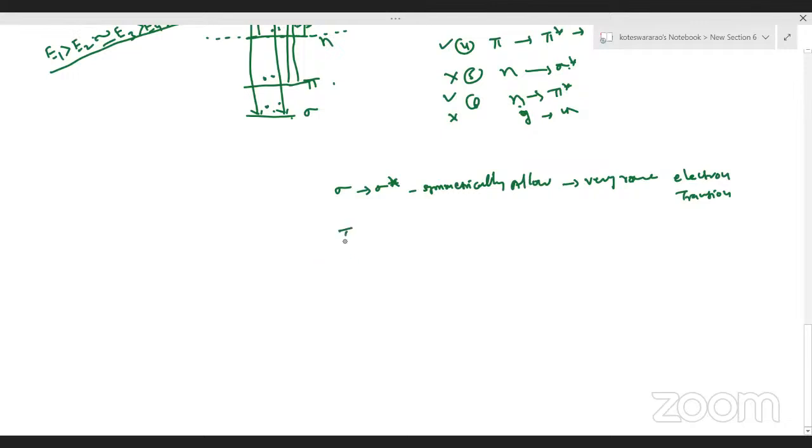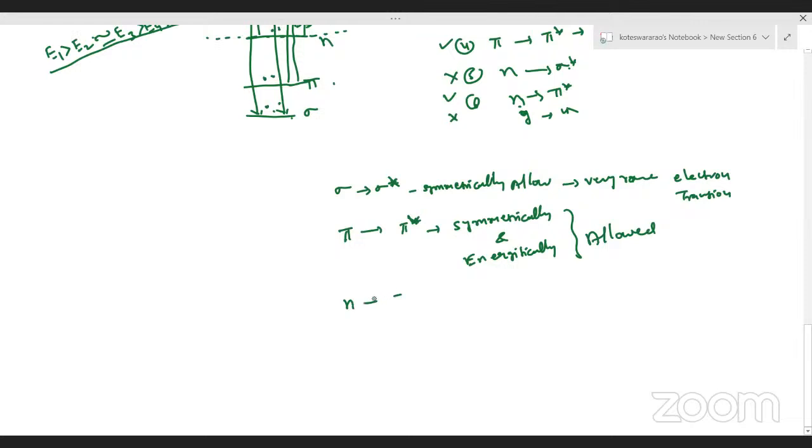When we come to the pi to pi star, symmetrically and energetically, both ways it is allowed.